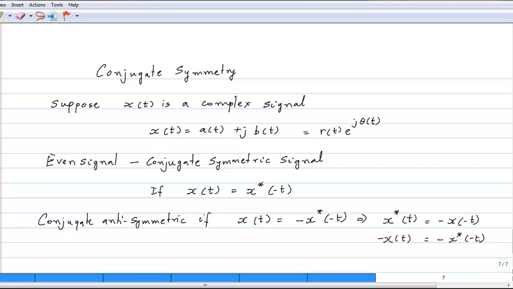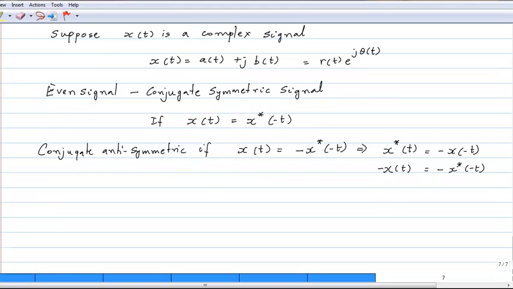Now, you may wonder why we have to define the equivalent notion of symmetry using conjugate symmetry. Why not just define a signal that satisfies x of t equal to x of minus t as the complex counterpart of an even signal? Well, unfortunately, at this point in the course, I cannot give you a good motivation for this.